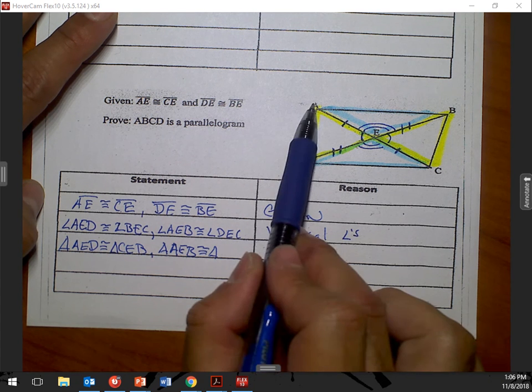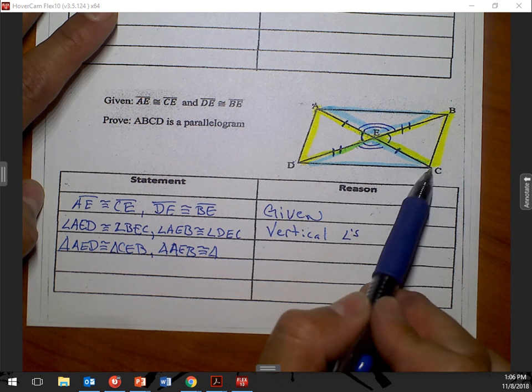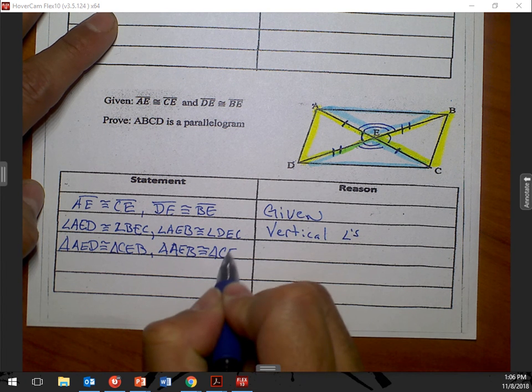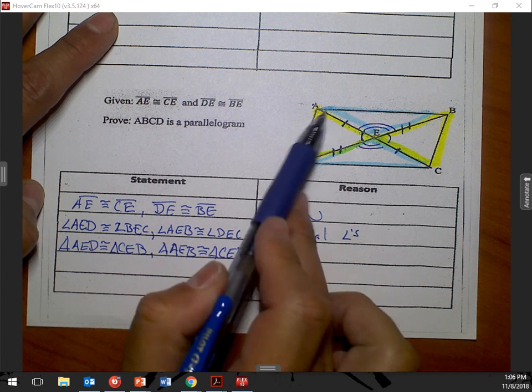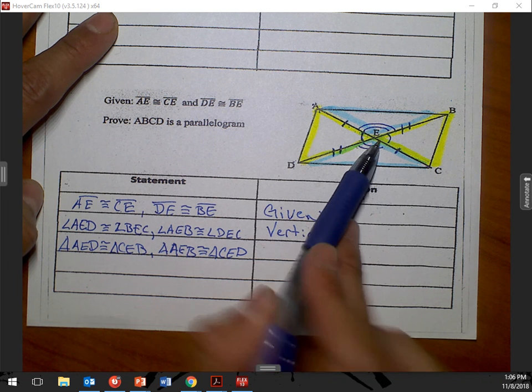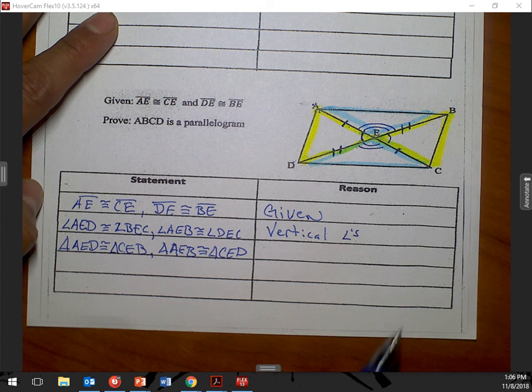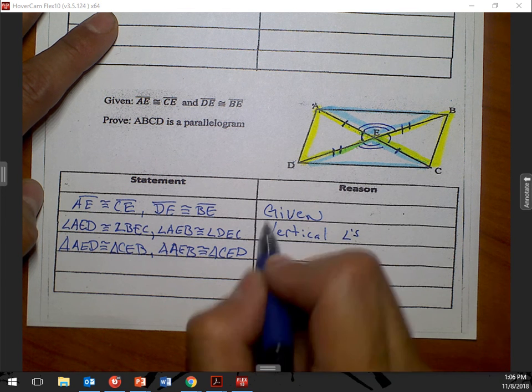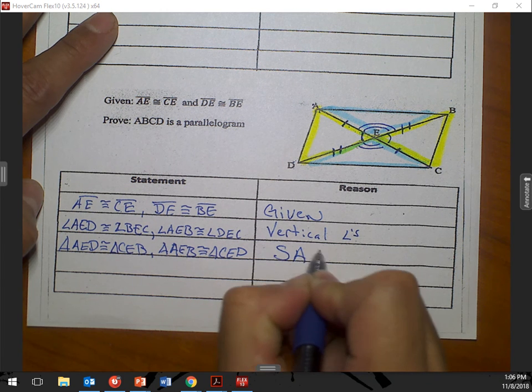Okay, so if it's A, E, B, it's got to be C, E, D, because look, one tick mark. A to E is one tick mark, so I need one tick mark, C to E, and then to B. Like that. And this one goes to D. Side, angle, side.